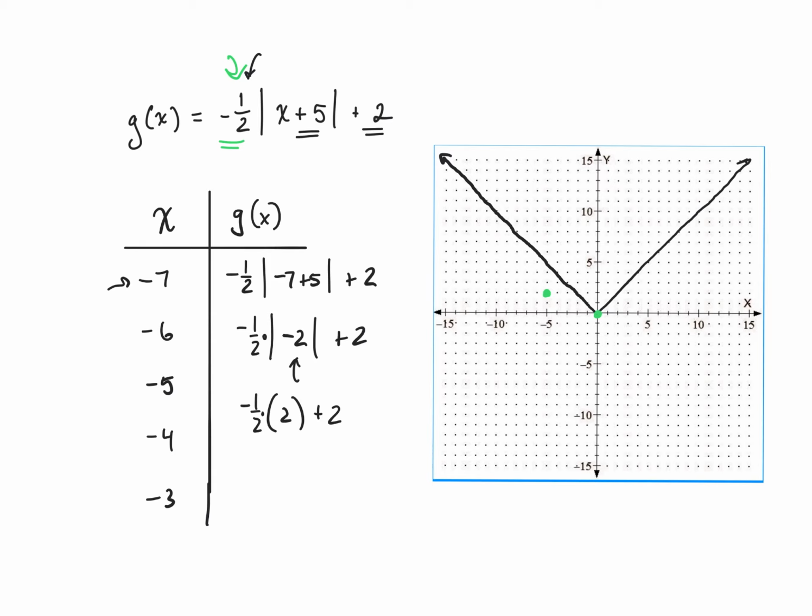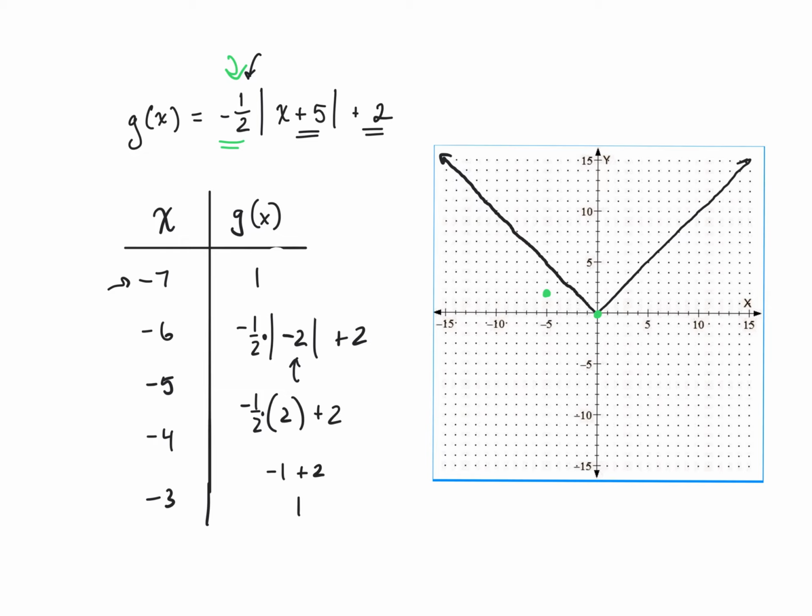Mental math: -1/2 times 2 is -1, and -1 plus 2 has a final outcome of 1. I'll erase this work now. All I'm doing is plugging numbers in and doing the order of operations. So when I plugged in -7, I got an output of 1, so I'll write a 1 for g of x.